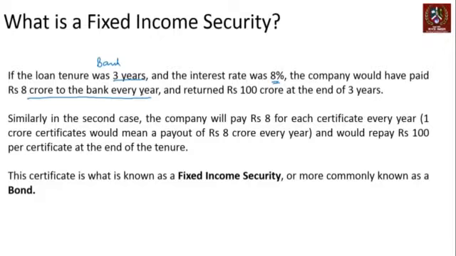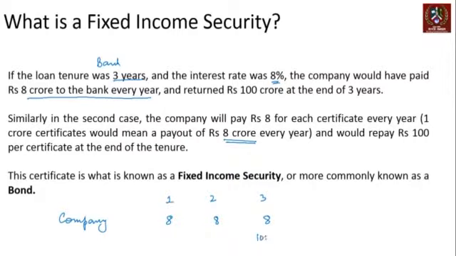Now, in the second case, the company will make a payment every year to each investor. Each investor who holds a certificate in year 1, 2, and 3 will get a payment of rupees 8. Why 8 is because each certificate is worth 100, and because there are 1 crore certificates, the total payout will become 8 into 1 crore, which is 8 crore, right?